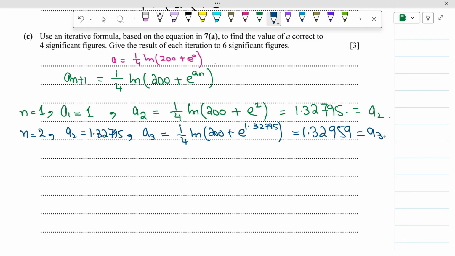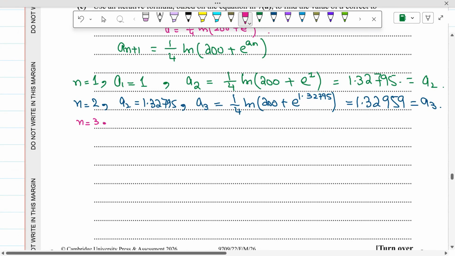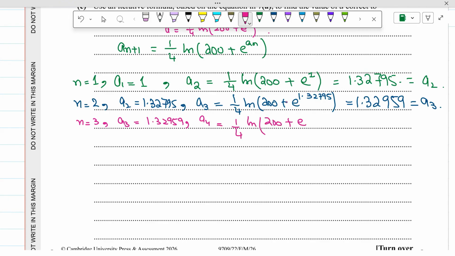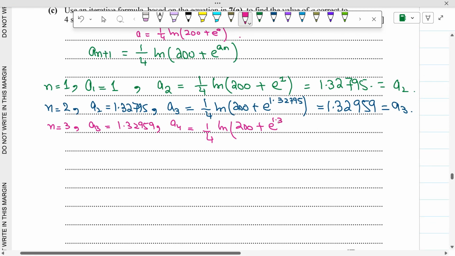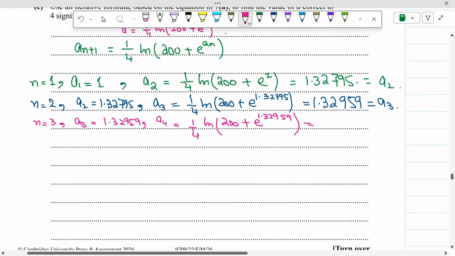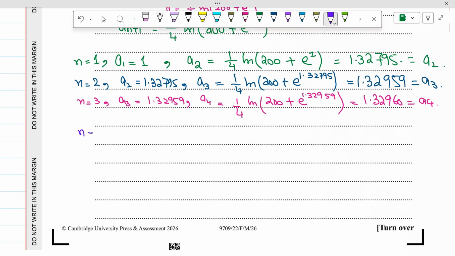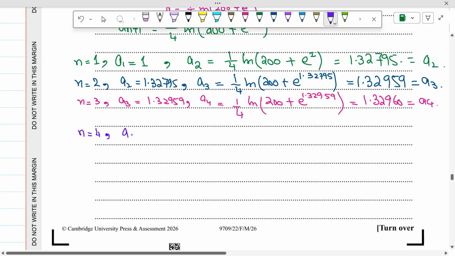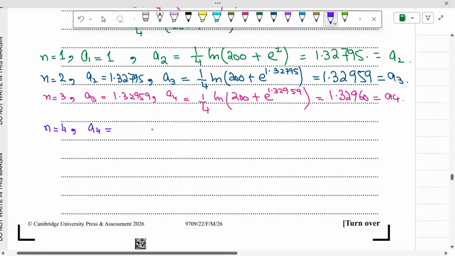This is a3. Now n is equal to 3, so a3 we just calculated, which is 1.32959. So a4 is equal to 1 over 4 ln of (200 plus e^(a3)), which is e^1.32959, and this is equal to 1.32960, which is a4.